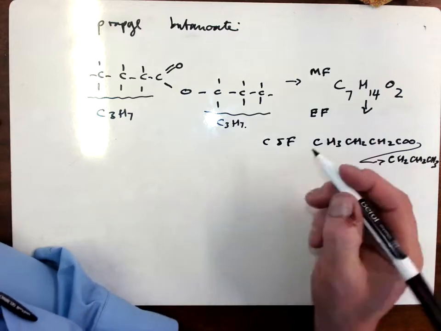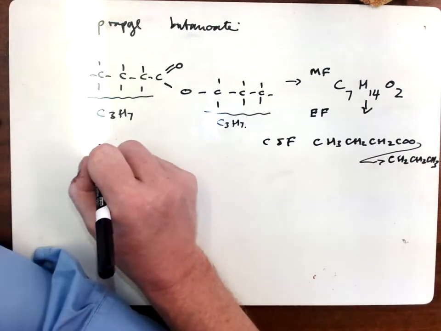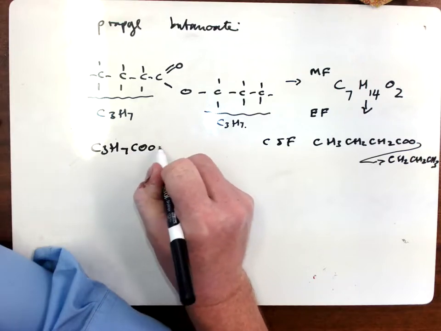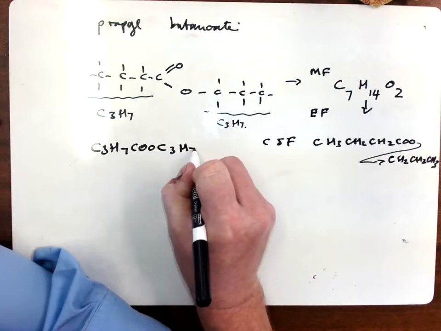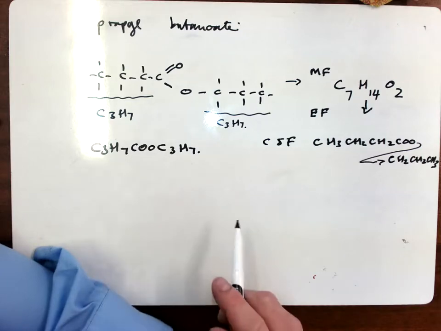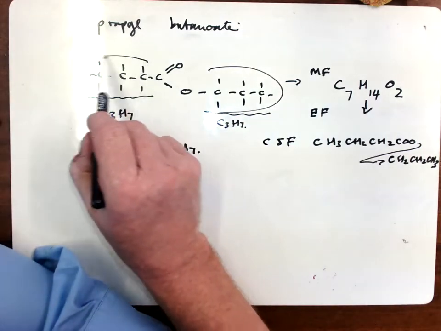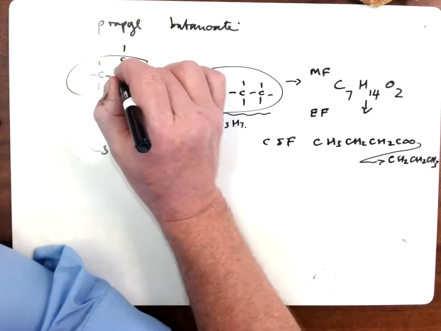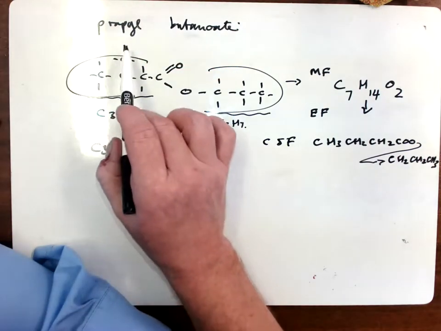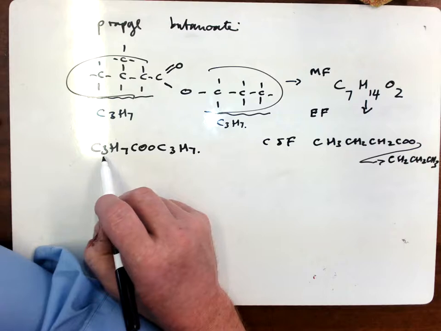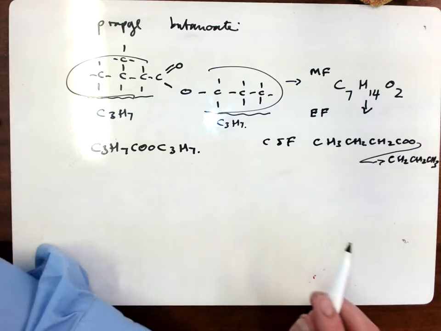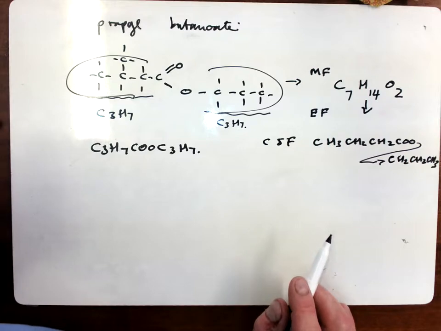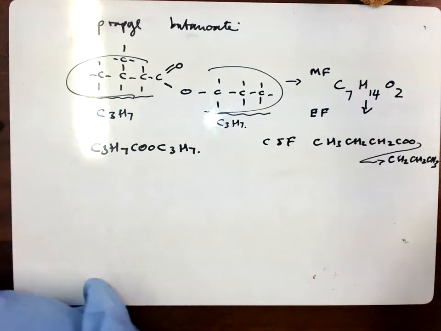You could, if you wanted, abbreviate this right down to C3H7, COO, C3H7, and that would be fine. That's all one chain. I couldn't lump all of that and make this a C4H10 group. That would not reflect structural properties of this molecule.